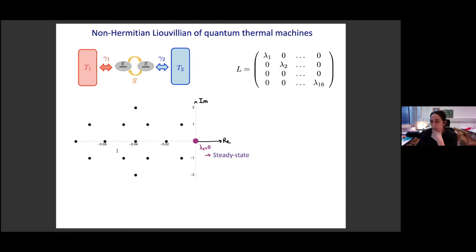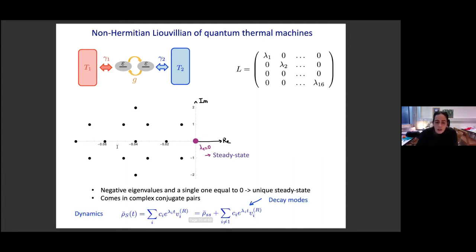The other ones tell you how your system will decay towards the steady state. You can remark several things. First, all the eigenvalues have a negative real part, and this is necessary to ensure that your system will converge towards its steady state.